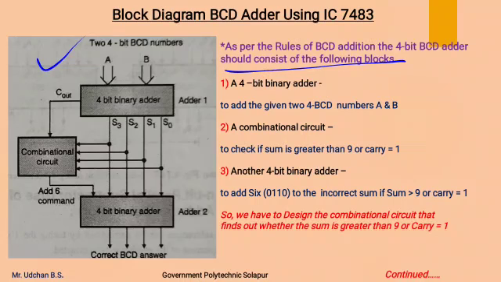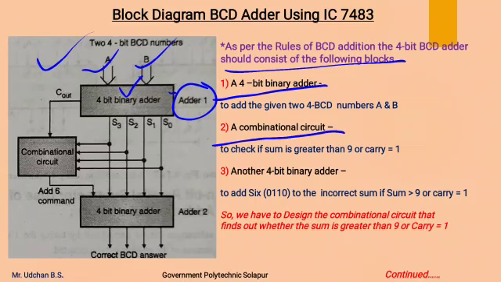A block diagram should consist of a 4-bit adder, which is shown over here, to add two 4-bit BCD numbers A and B. For addition of these two BCD numbers, we need one adder, which is named adder 1. After that, we need a combinational circuit which checks this sum of binary addition, whether the sum is greater than 9 or if any carry is generated from this addition.